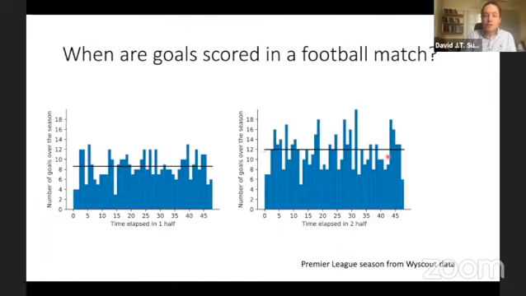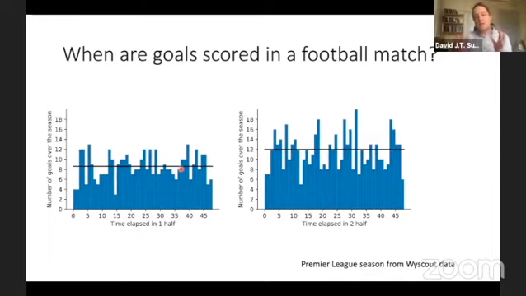There are of course fluctuations here, and the fluctuations are bigger because the number of events is smaller, but there isn't really a clear pattern where there's an increase in the number of goals coming as the match goes on, and neither in the first half is there an increase in the number of goals. Again, maybe in the first or second minute there's some pattern, but otherwise goals can come pretty much any time during a football match.